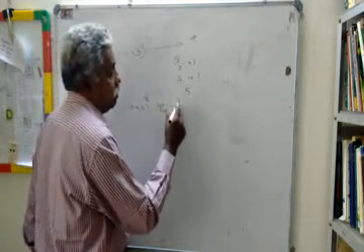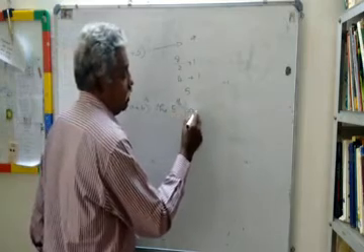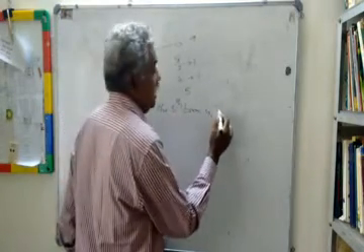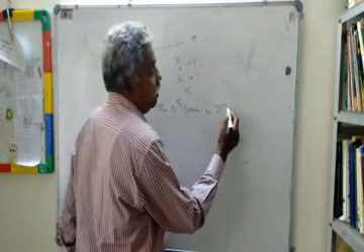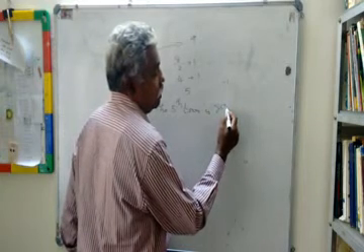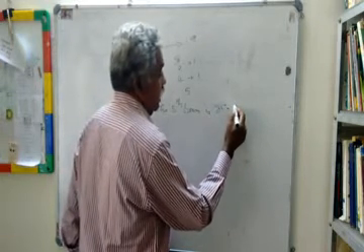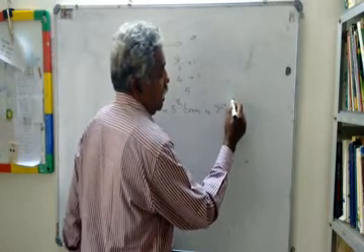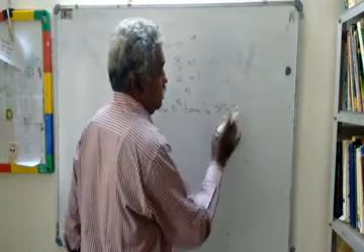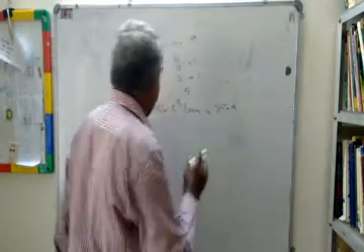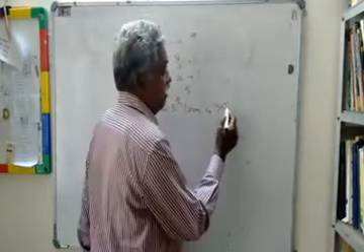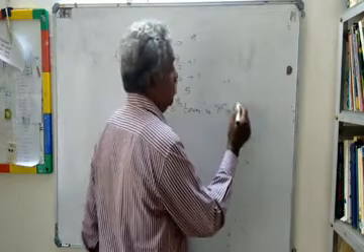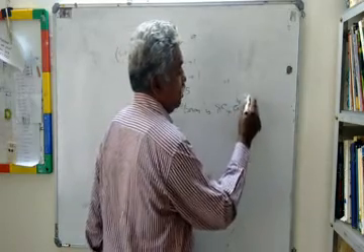The 5th term is 8C4 a raised to 4 b raised to 4.